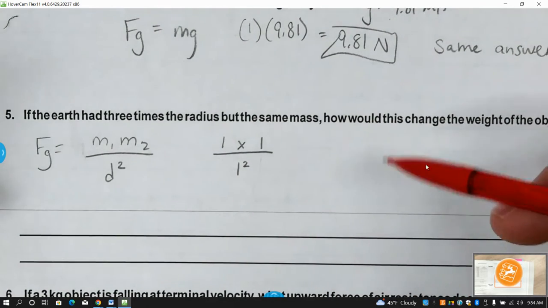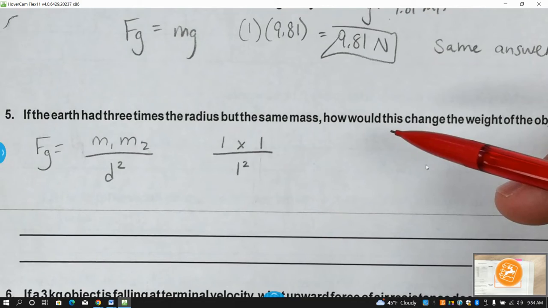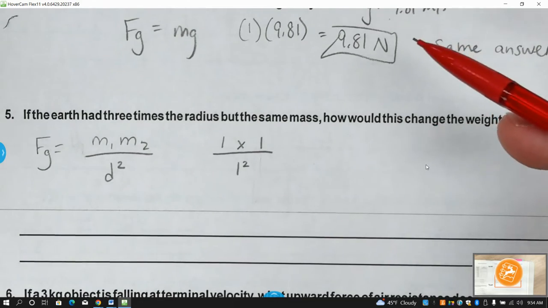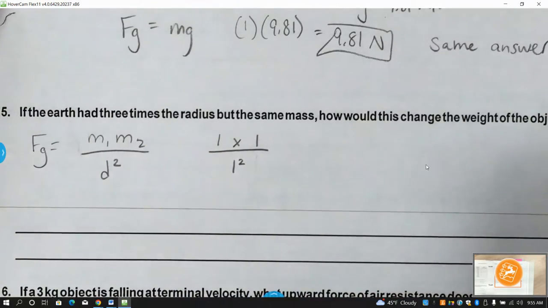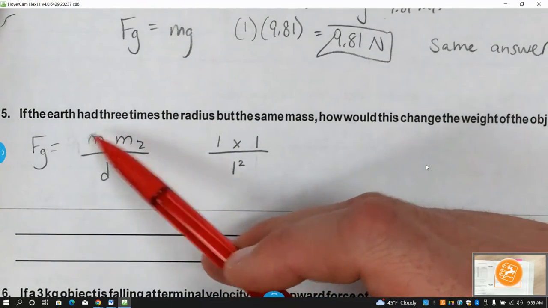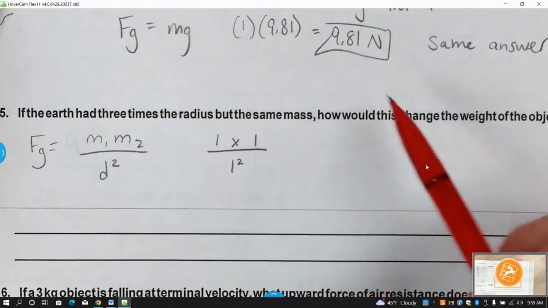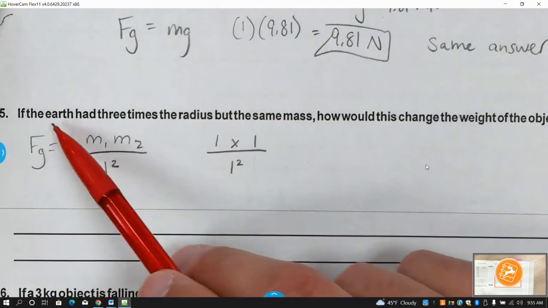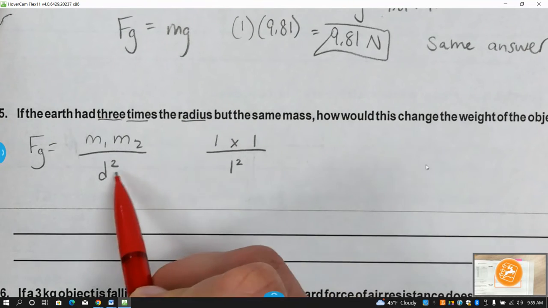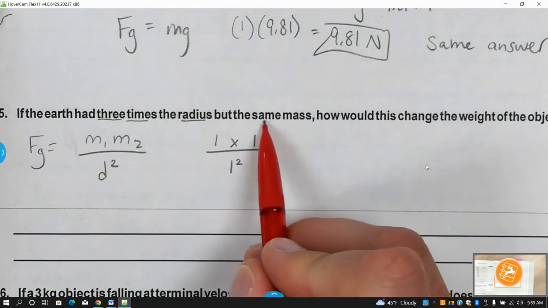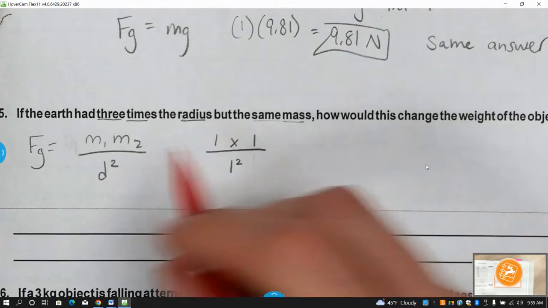Again, we're making these 1s because we don't know any of the other numbers. Instead of trying to figure out what a new mass would be, we can just do a simple, quick proportionality problem. Keep them a 1 unless they tell you to change it. They're telling us if Earth had 3 times the radius, so the radius will be d, but the same mass, how would this change?